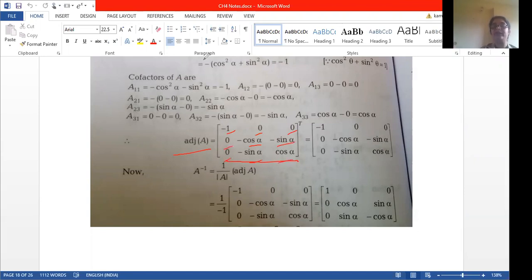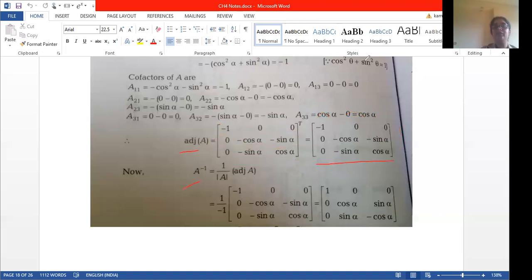Now, putting the cofactors at their places and taking the transpose of it will give you the adjoint of A. Just see, this row is changing to the first column, this row is changing to the second column, the third row is changing to the third column. Now you all know the adjoint of A is this.